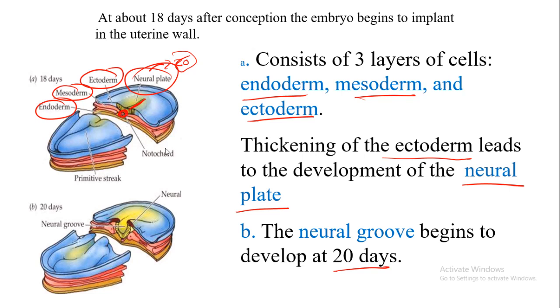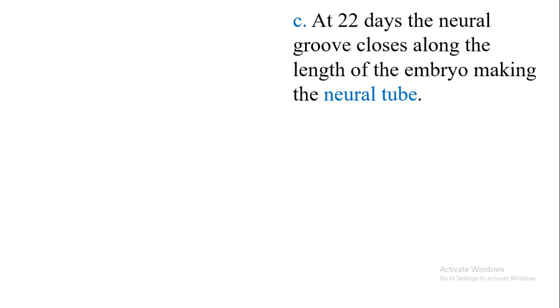So this notochord led to the induction of the formation of the neural groove. And that neural groove will turn into the neural tube. And this will normally take place at day 22. So by day 22, like I've already said, we need to expect the formation of the neural tube.